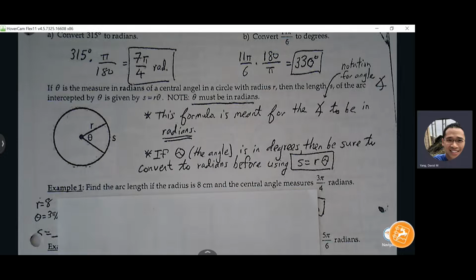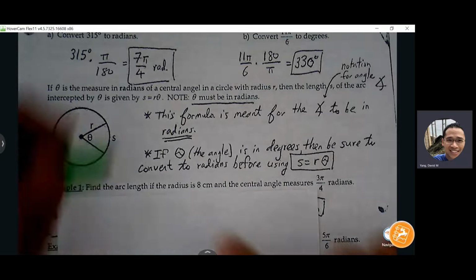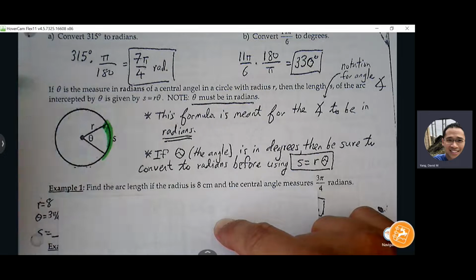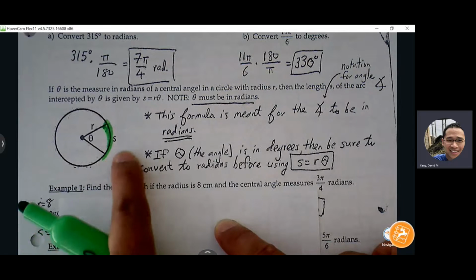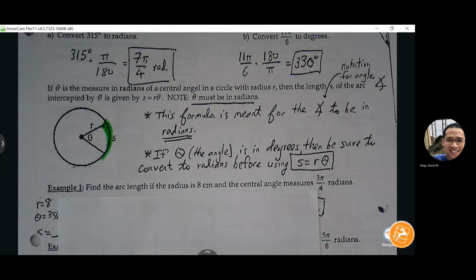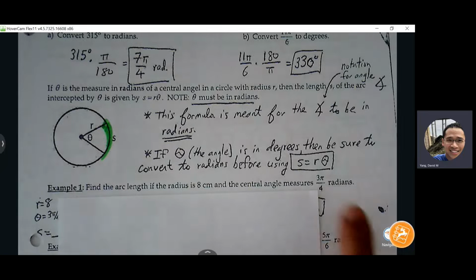So if I want to find the arc length, meaning if I want to find the distance of a side length that is related to the angle measure. I want to find the distance of this curved region along a flat surface. This is what the formula can do for us.